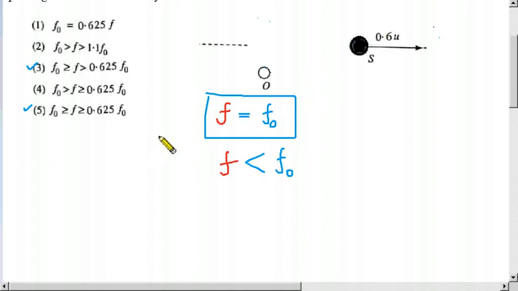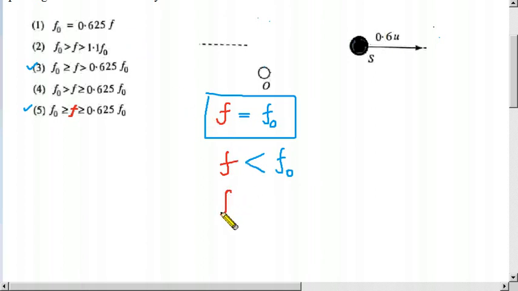So at the beginning it is equal. The red one is the heard one. You might get confused, so I have to turn this.